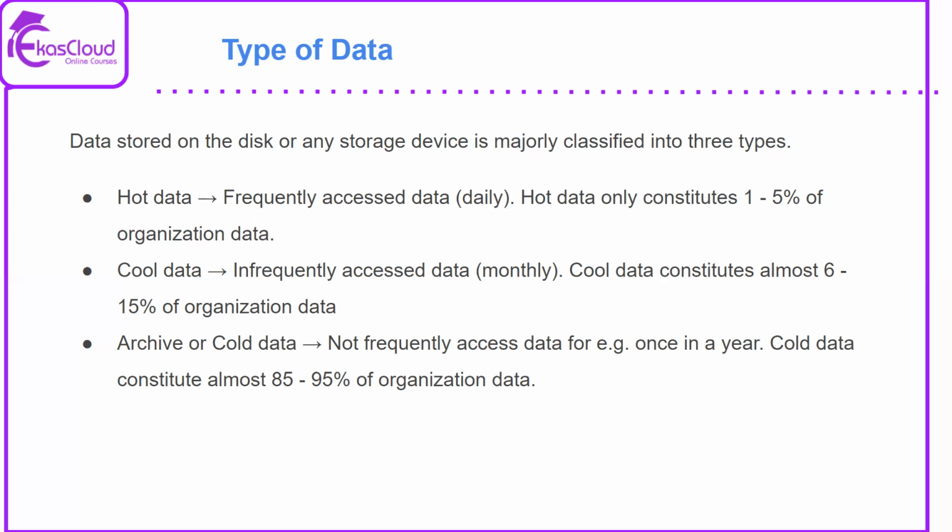And there are many more examples. But this kind of data constitutes almost 85 to 95% of organization data. So now we know these three terms, and we'll use them when comparing local storage and cloud storage: hot, cool, and cold.